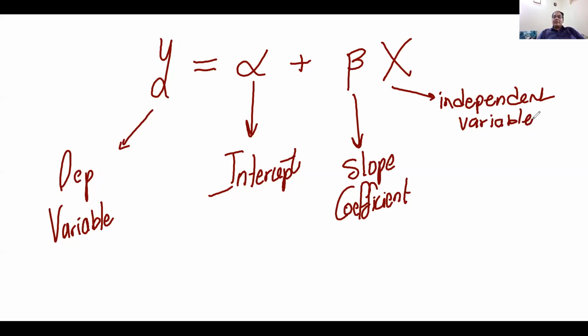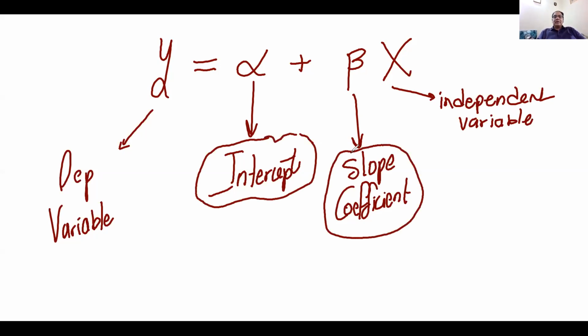Now we will discuss each. First of all, we will understand what this intercept is, and then I will explain the meaning of the slope coefficient and the regression model. If we put x is equal to 0, then what is the value of y? It is alpha. So y becomes alpha.